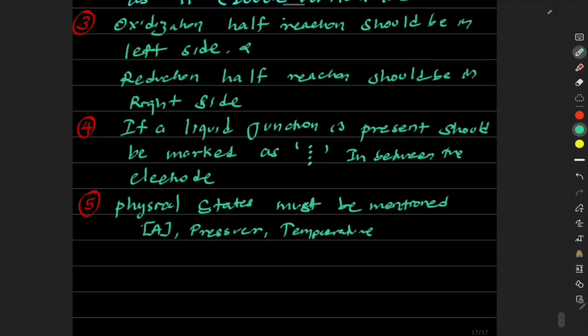If a cell contains zinc and copper electrodes in an electrochemical cell, it is called a Daniell cell.